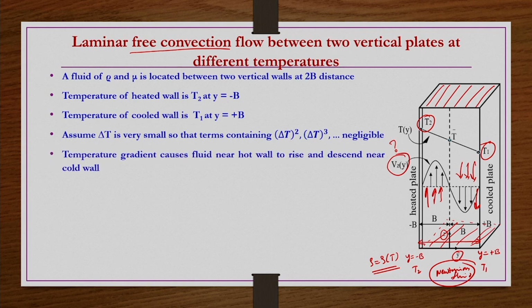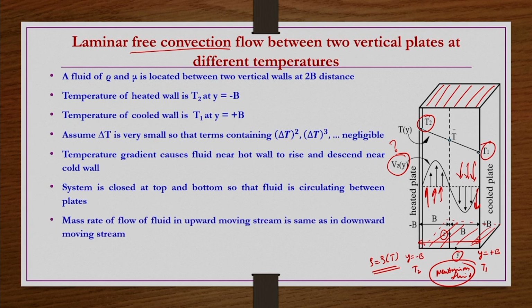The temperature gradient causes fluid near the hot wall to rise and descend near the cold wall. The system is closed at top and bottom, so the fluid is circulating between the plates. The mass rate of flow of fluid in the upward moving stream is the same as in the downward moving stream.